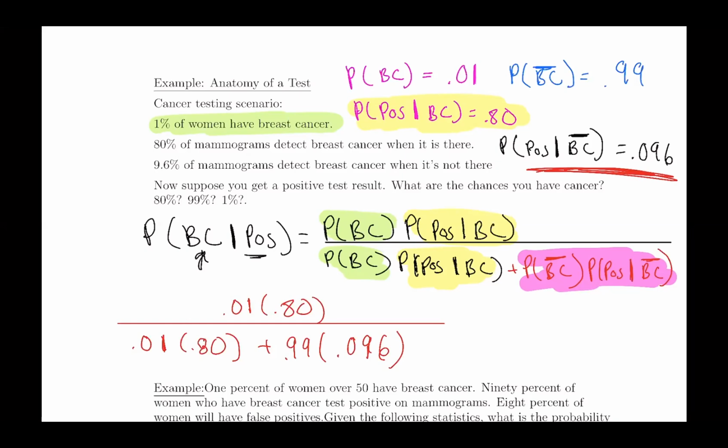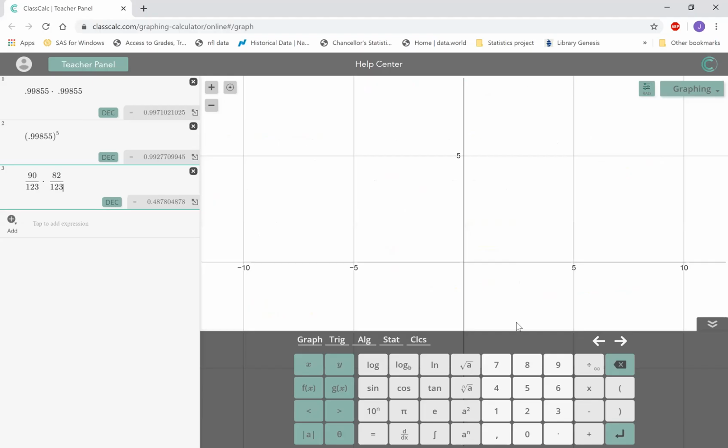Okay, so I'm going to switch over to the calculator and we're going to do all of this at once so that we could get an answer. The first thing you want to do is the fraction. On top, we're going to put 0.01 multiplied by 0.80.